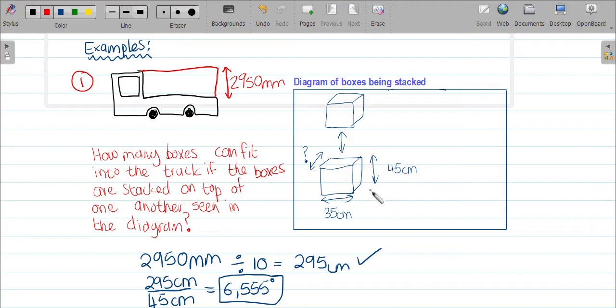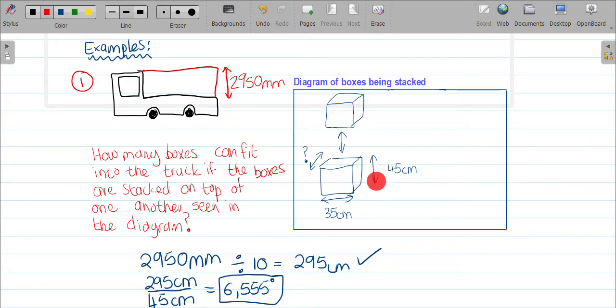So in this case, the length of the box is not important to us. It's not significant. The significant dimension is the height, because when we're dealing with the height of the truck that will occupy the boxes, we're going to take this amount and divide it by the height, because that is the way that it is going to be stacked.